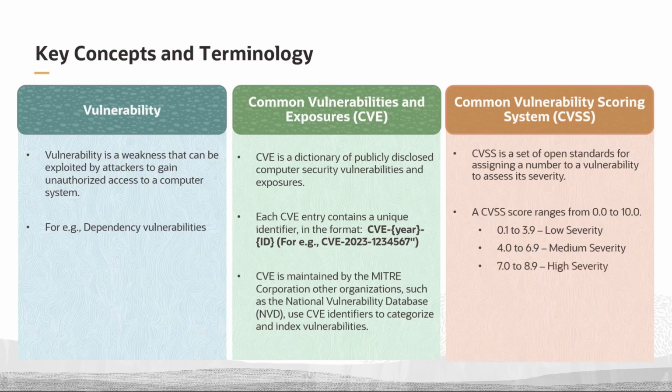Scores from 7.0 to 8.9 indicate a high level of severity. And scores from 9.0 to 10.0 indicate a critical level of severity. When a new vulnerability is published in the National Vulnerability Database, it will have a CVSS score assigned to it using either the CVSS version 2 or CVSS version 3.x scoring systems.